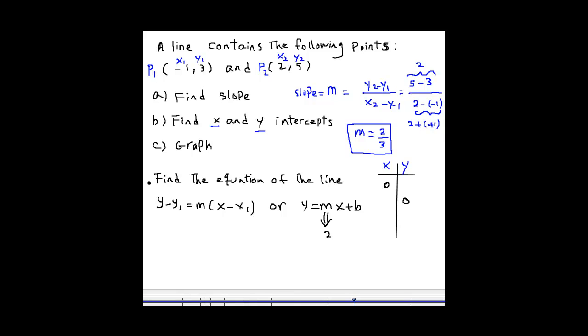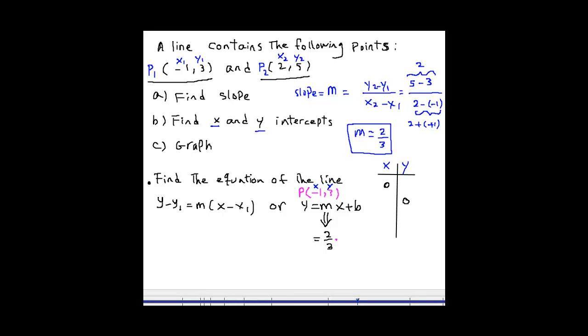The slope is 2/3, and if I use any of these 2 given points and call it point P, let's pick the first one. Then the first number here would be your x, and this would correspond to the y.